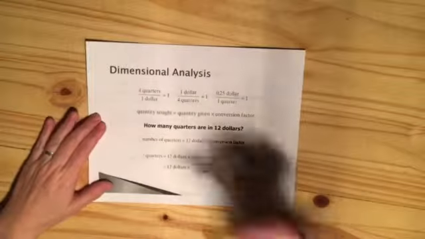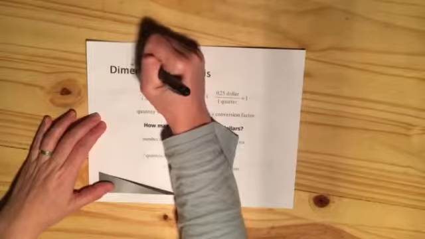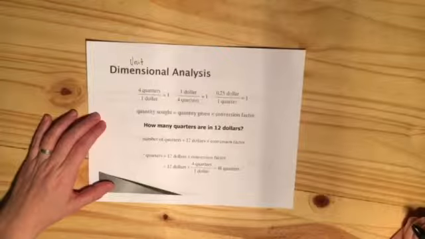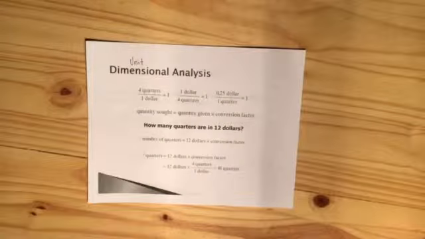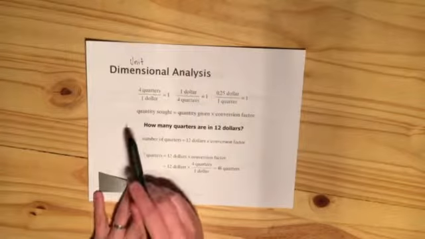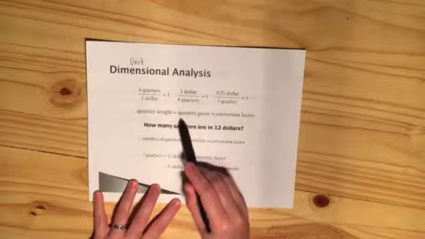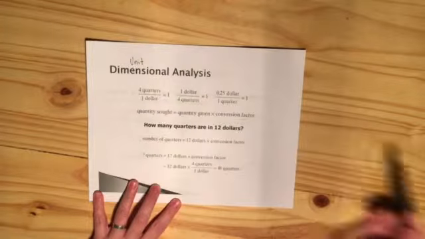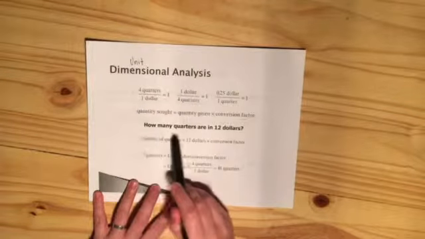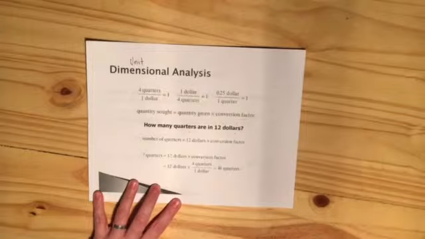Dimensional analysis, or sometimes it's called unit analysis, is something that takes us from one unit to the next. And so the way I'm going to set these things up is that we're going to have the quantity sought equal to the quantity given times a conversion factor. So for example, how many quarters are in $12?